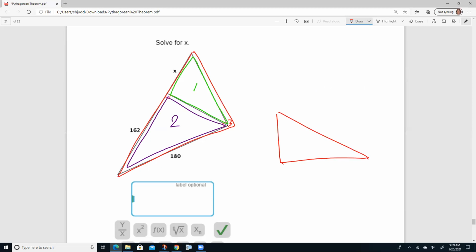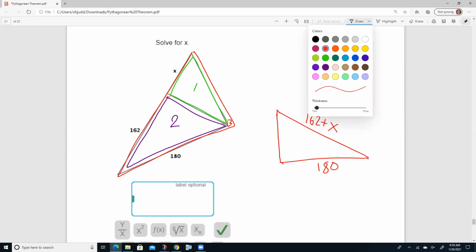Now, do I know the sides of the big red right triangle, triangle number 3? Well, I know one of the legs is 180, and it looks like the hypotenuse is made up of two pieces, 162 plus x. Okay, let's go ahead and draw out triangle number 2.